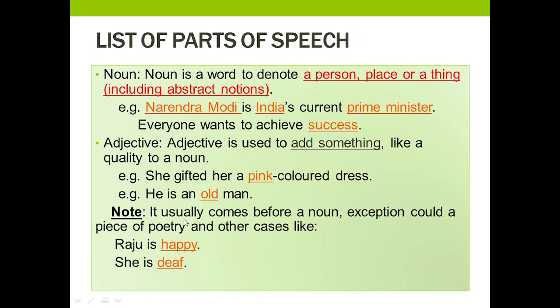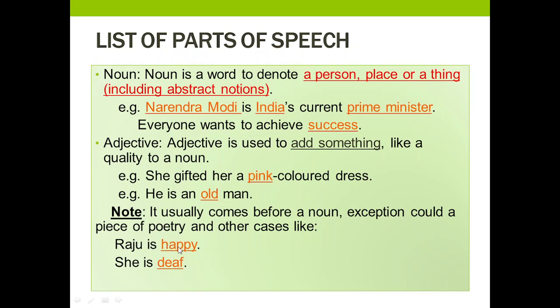So it is an exception. Basically, adjective comes before noun. Or there are some other cases like Raju is happy. Raju is noun and happy is adjective, but this happy comes later than the noun.